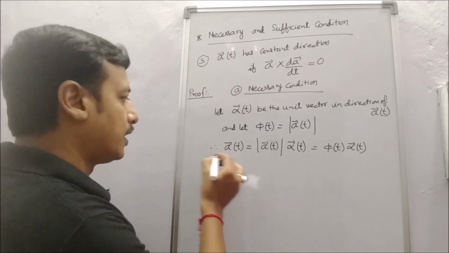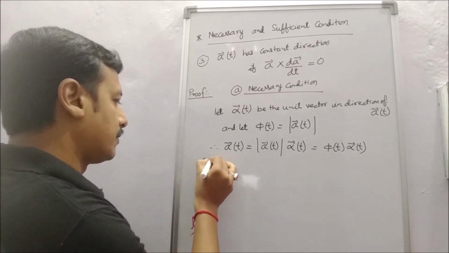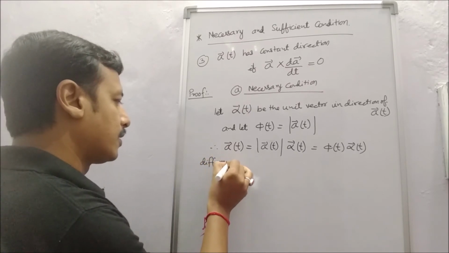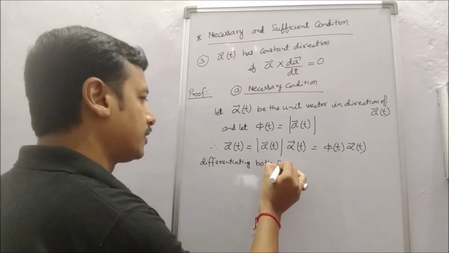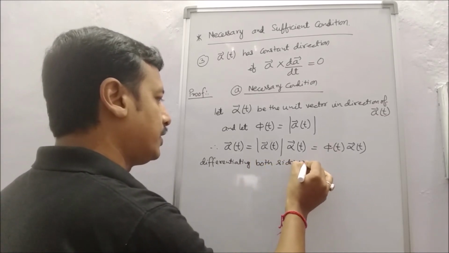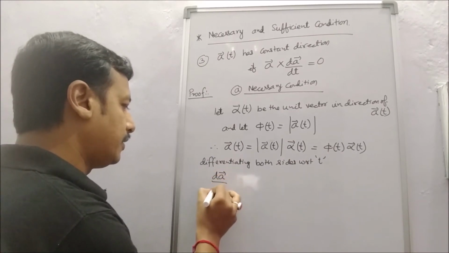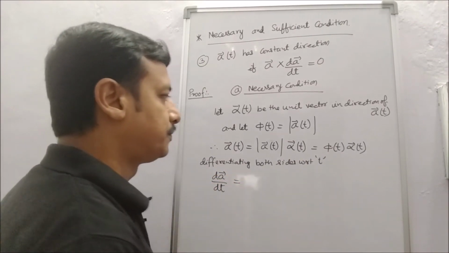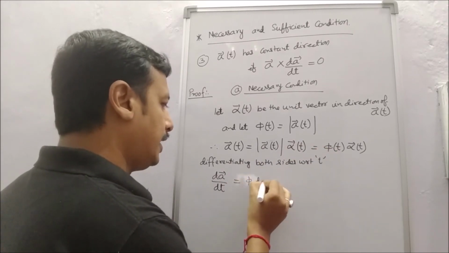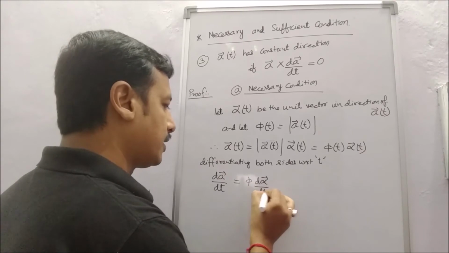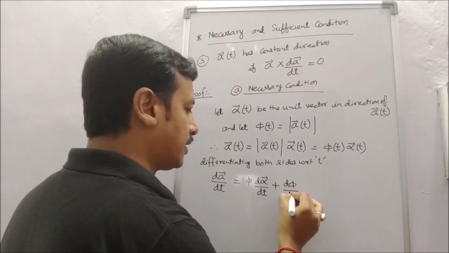Next, differentiating both sides with respect to t, dA by dt is equal to phi d alpha by dt plus d phi by dt into alpha.